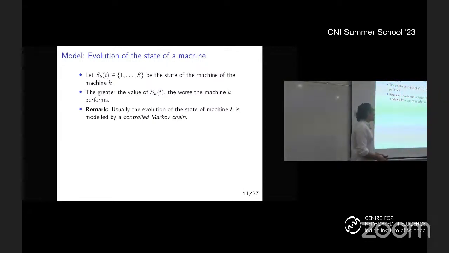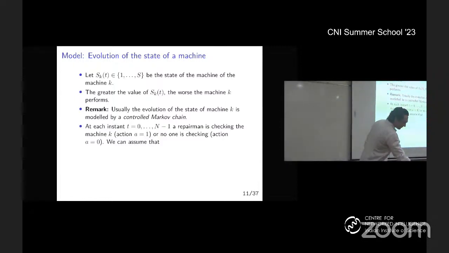So what we'll assume in all our model is what we call the Markov property, in the sense that the evolution of the state of the machine k is modeled by what we call a controlled Markov chain. And the action is that a repairman is checking the machine k, which is action 1 for machine k, and if it's not checking, then the action is 0 for machine k.